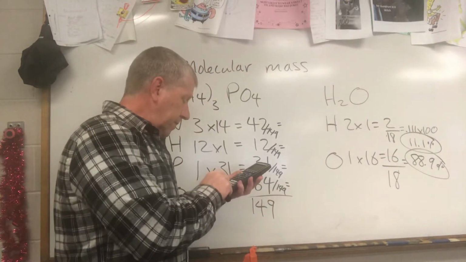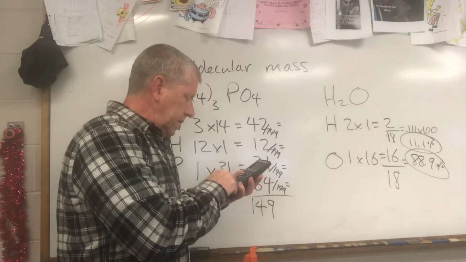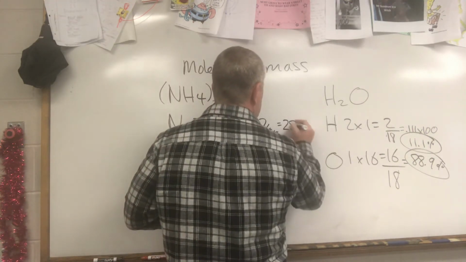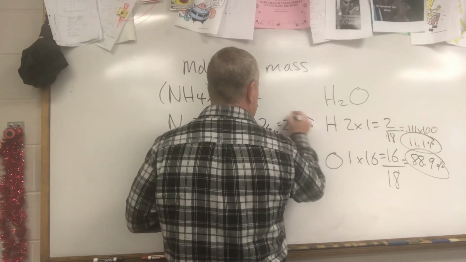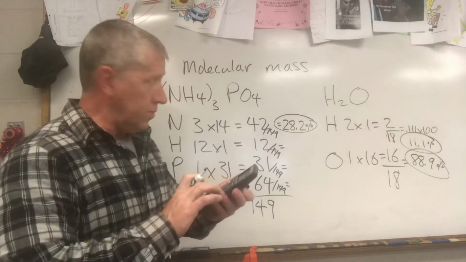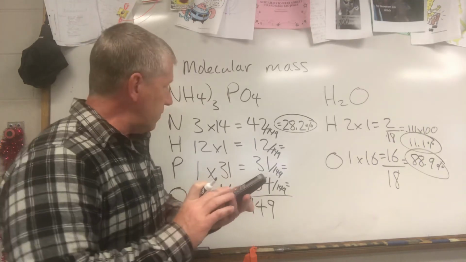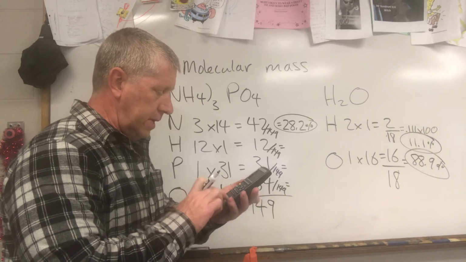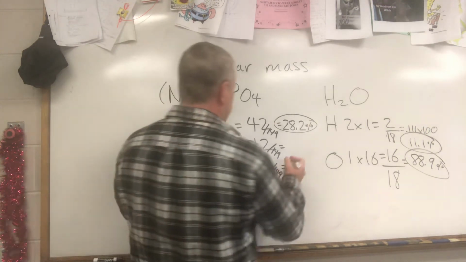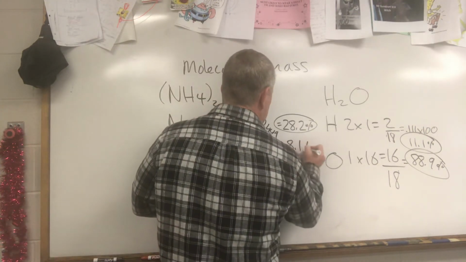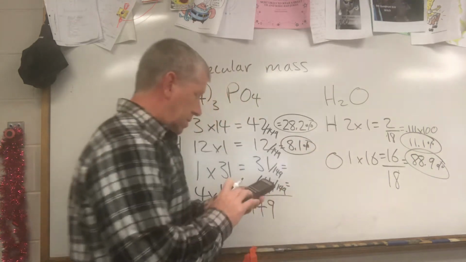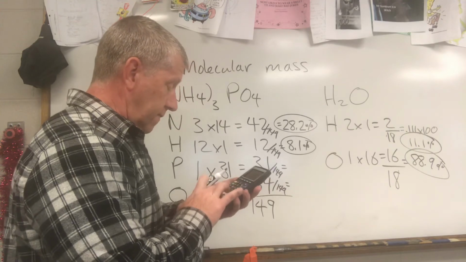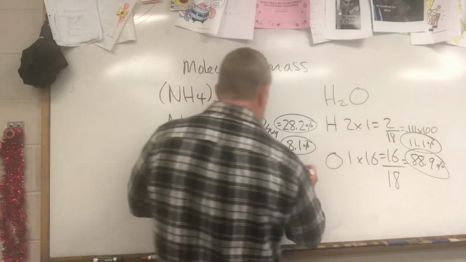42 divided by 149 equals 28.2%. For the nitrogen, out of the total mass, nitrogen accounts for 28.2% of the mass. 12 divided by 149 goes 8%, or 8.1%. And the phosphorus is only one of them, so 31 divided by 149 comes out to be 20.8%.